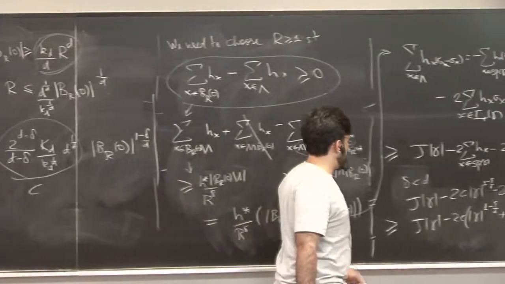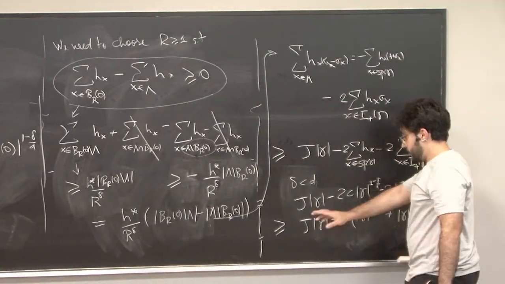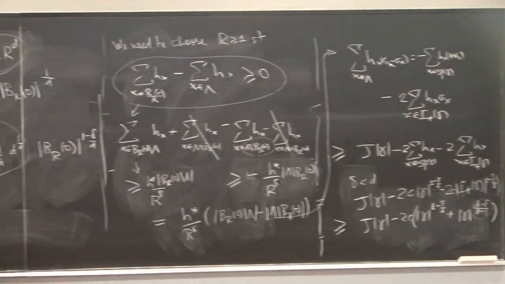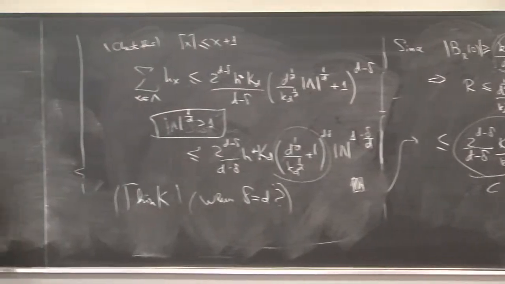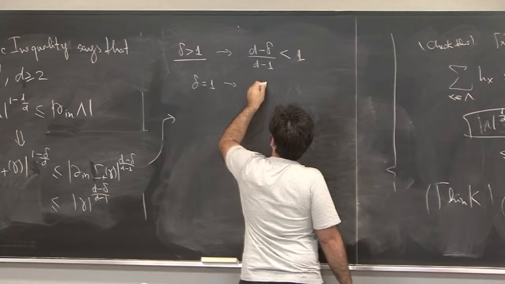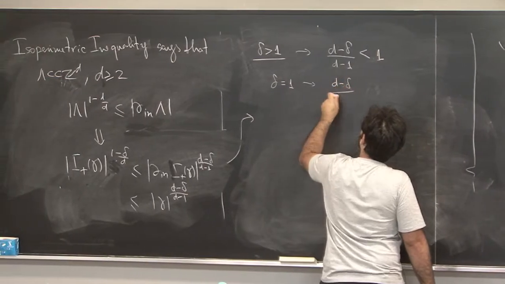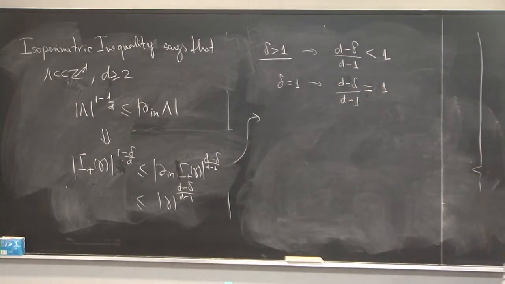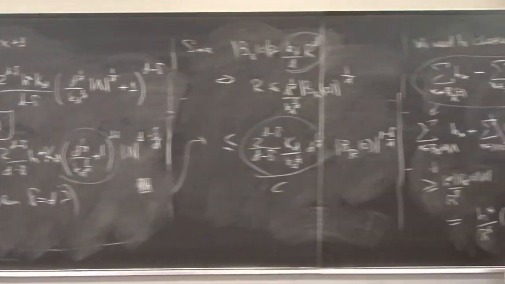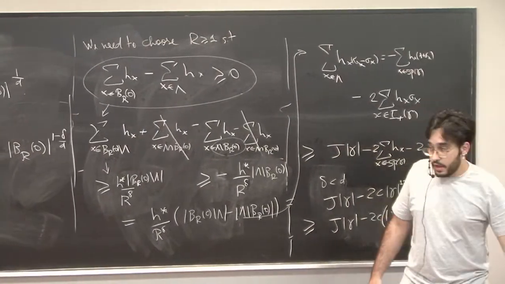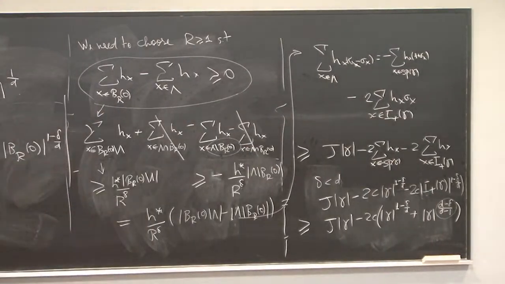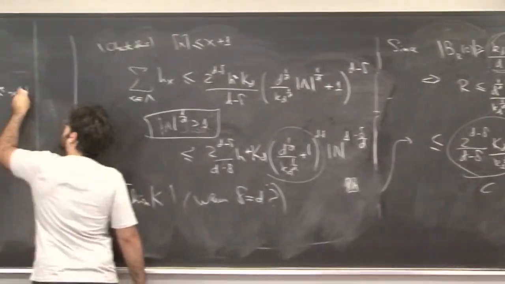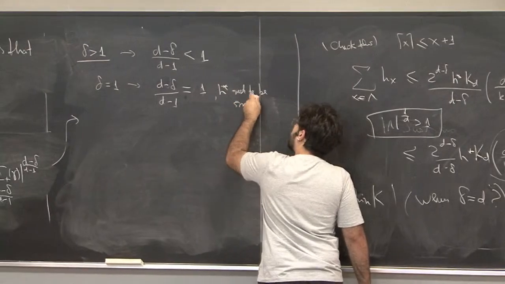So this quantity can be made positive, for instance, by taking j large. If delta is equal to 1, then this is a critical case, because (d minus delta) over (d minus 1) is exactly 1. So we have a competition between j and h star, and h star needs to be small, okay?